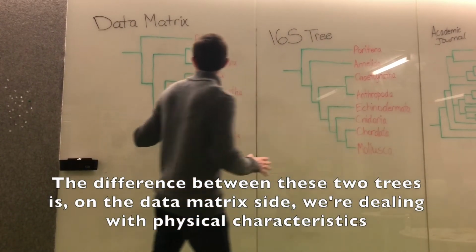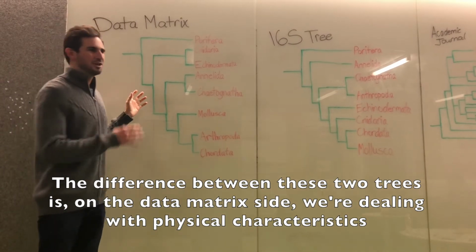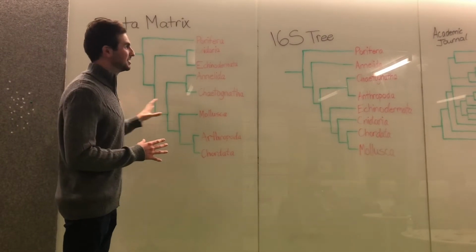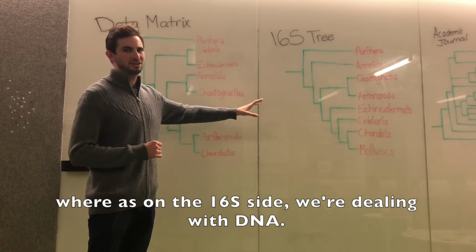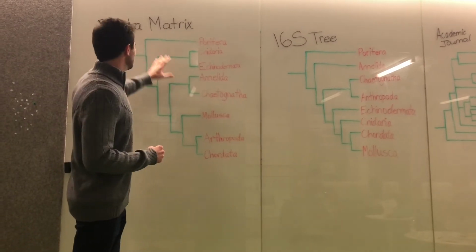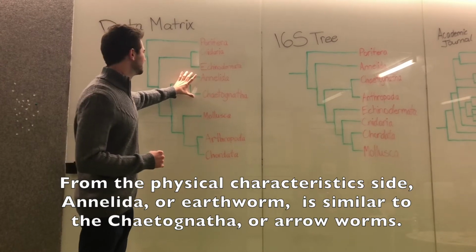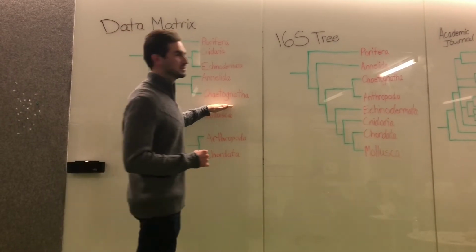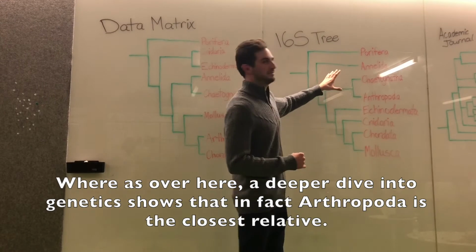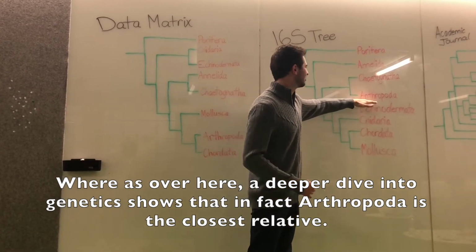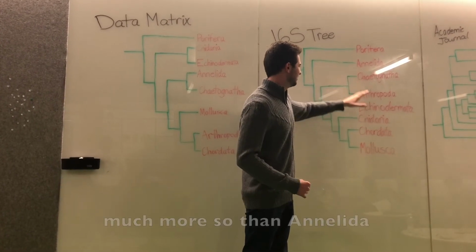The difference between these two trees is on the data matrix side, we're dealing with physical characteristics, whereas on the 16S side, we're dealing with DNA. From the physical characteristics side, Annelida, or earthworm, is much more similar to the Catagnatha arrowworms. Whereas here, a deeper dive into the genetics shows that in fact Arthropoda is the closest relative, much more so than Annelida.